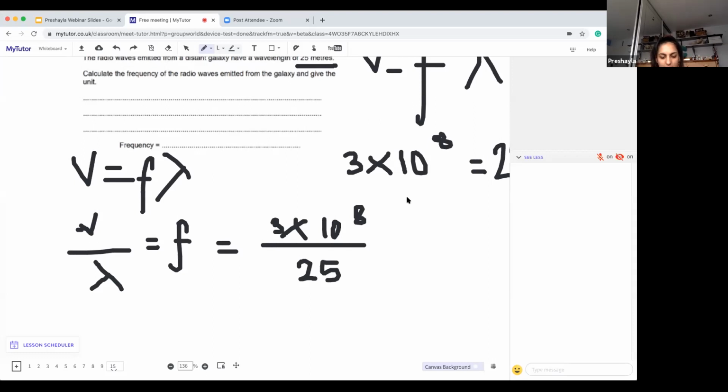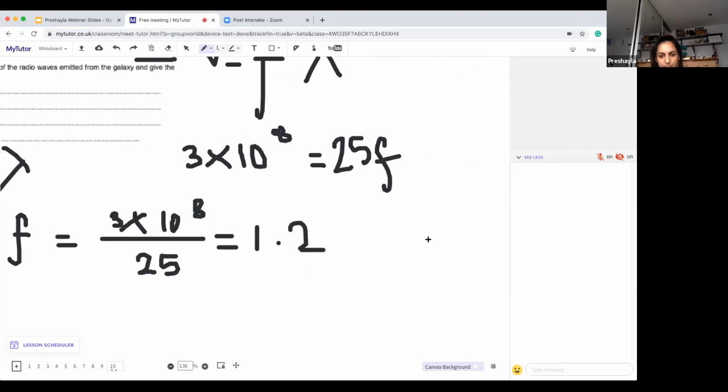When we do 3 times 10 to the 8 divided by 25, we get 1.2 times 10 to the 7, okay? So that is the frequency of our radio wave.